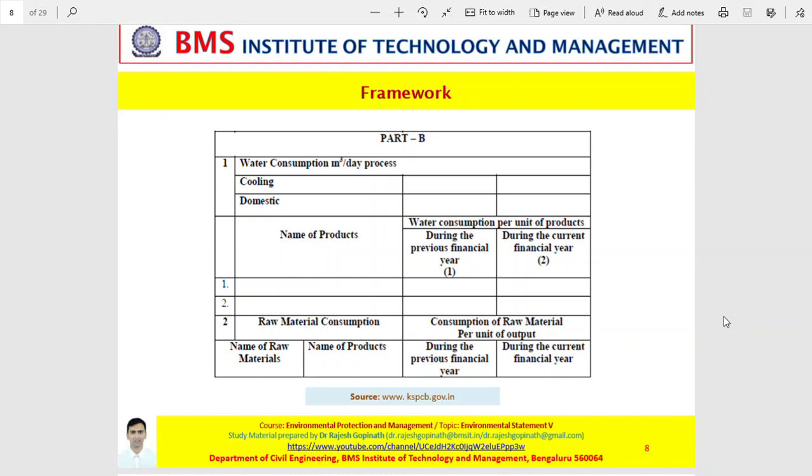Now, if you look at the table very clearly, it speaks about the consumption pattern for the previous financial year and the current financial year. Hence, when the industry enters this data, they get a very clear picture of whether they have consumed more water or they have saved more water.